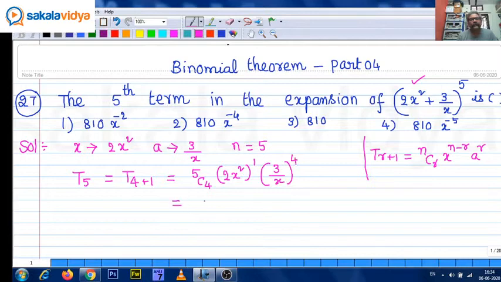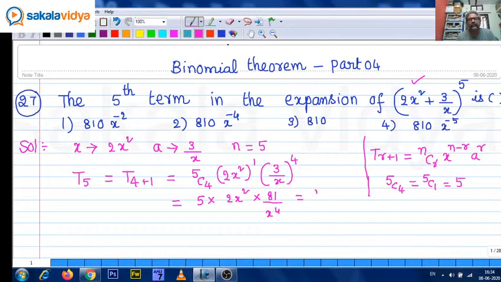This is 5c4. 5c4 is equal to, very interesting fact, 5c 5 minus 4, 5c1, whose value is 5. So instead of 5c4 you can write 5 multiplied by 2x square and 3 power 4 is 81 upon x to the power of 4.